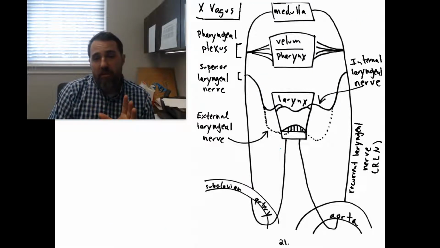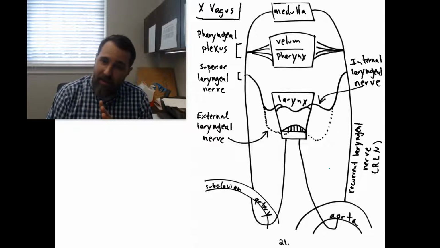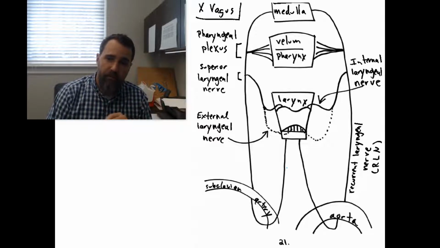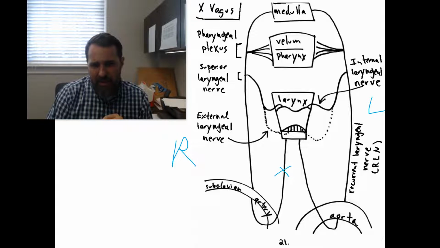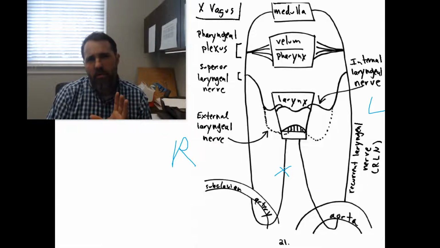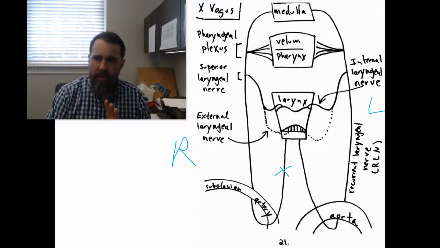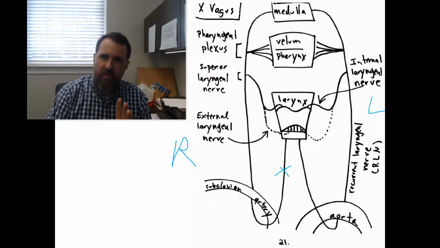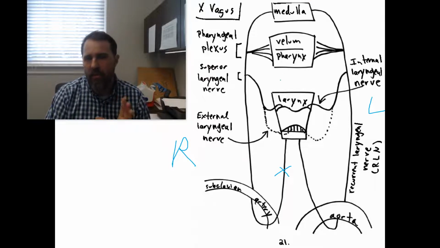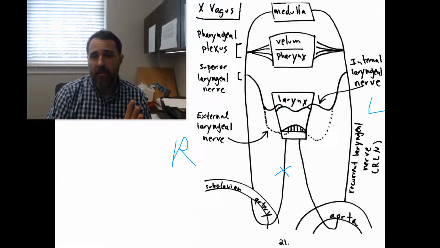All right, so let's move down to the recurrent laryngeal nerve, sometimes known as the RLN. So once again, this is our right side, this is our left side. If you damage the right RLN, you're cutting the wire that's running between the central nervous system and the right vocal fold. So what is the right vocal fold going to be able to do?